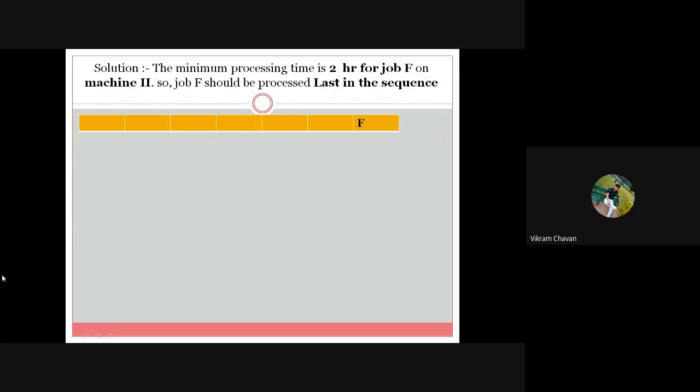Here the minimum processing time is 2 hours for job F on machine 2, so job F should be processed last in the sequence, because that processing time is related to machine number 2.